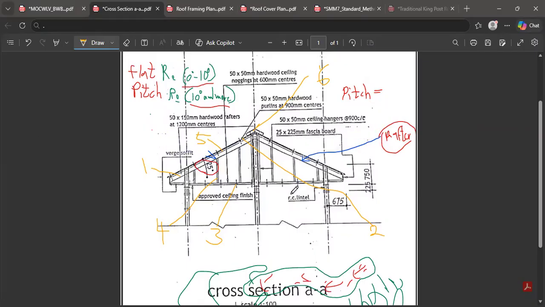Please, are you with me? Yes. Okay. And we can even add the approved ceiling finish too. So let me just add the ridge cap, and then from there we just add the ceiling finish, and then we proceed. So let me add two more.